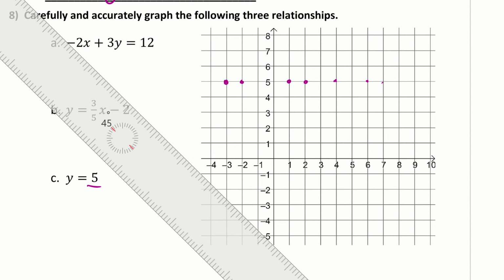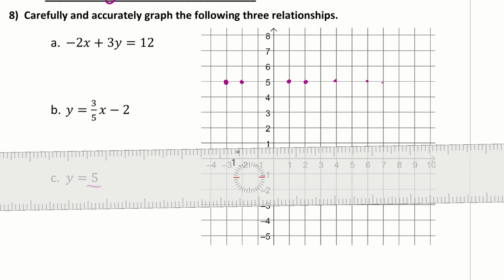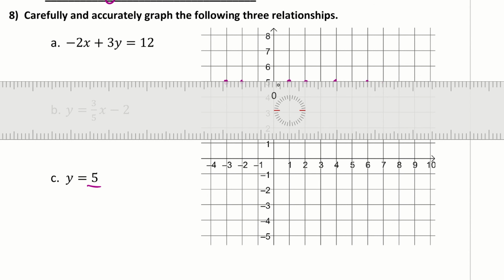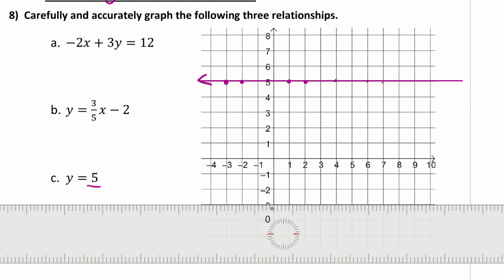So that's my first line. Grab my ruler, just set it to 0 degrees. Put it right there. And there is my first line that I'll draw. Probably I should put little arrows on the left and right because it does continue forever. So this is my answer to C, which is the line y is 5.